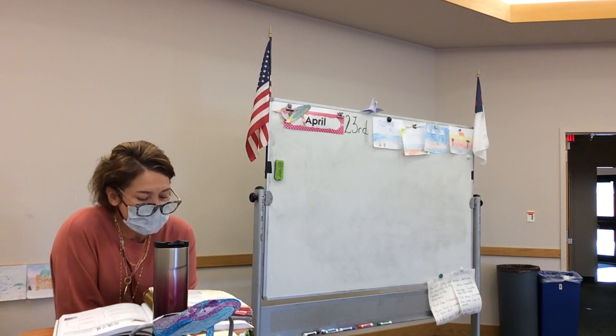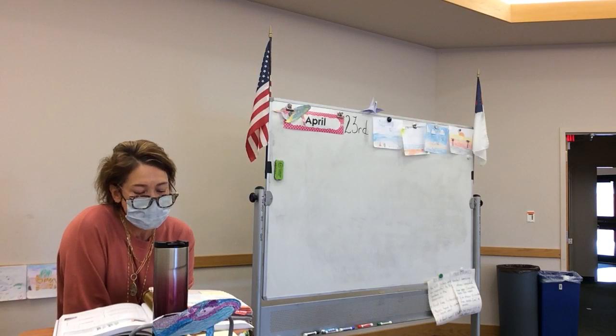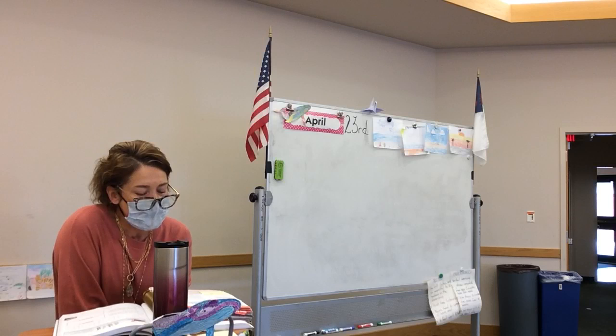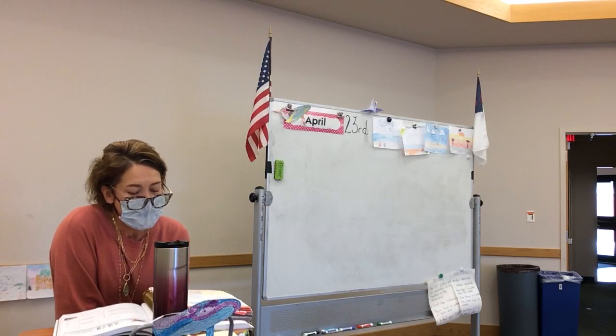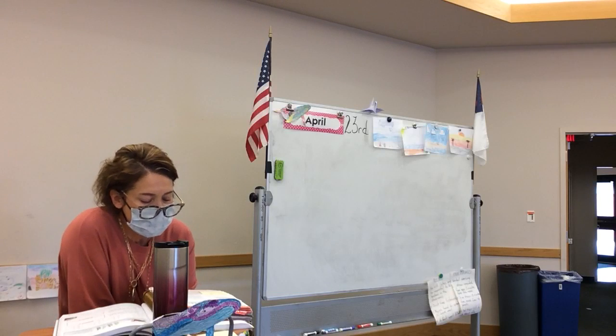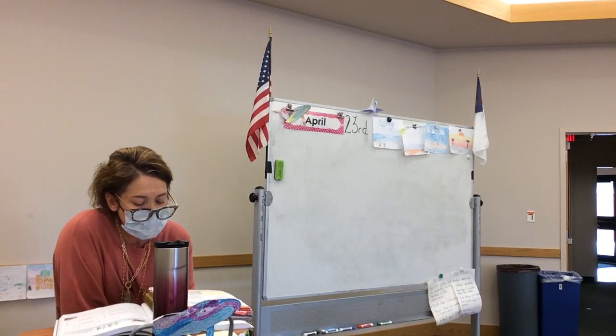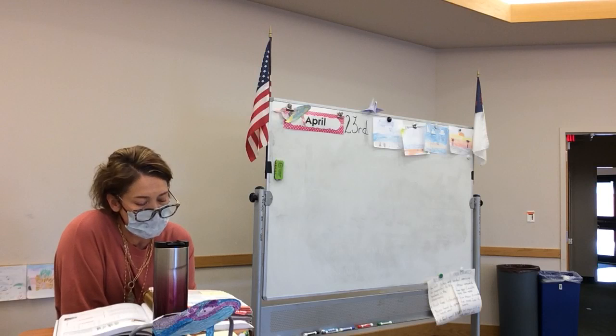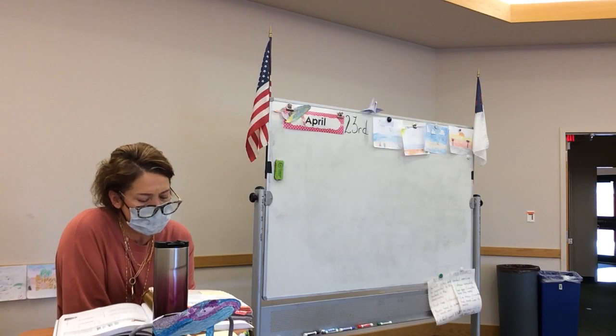What is 9 divided by 9? 1. 18 divided by 9. 2. 27 divided by 9. 3. 36 divided by 9. 4. 45 divided by 9. 5. 54 divided by 9. 63 divided by 9. 72 divided by 9. 81 divided by 9. 90 divided by 9. 99 divided by 9. 108 divided by 9. 54 divided by 9.